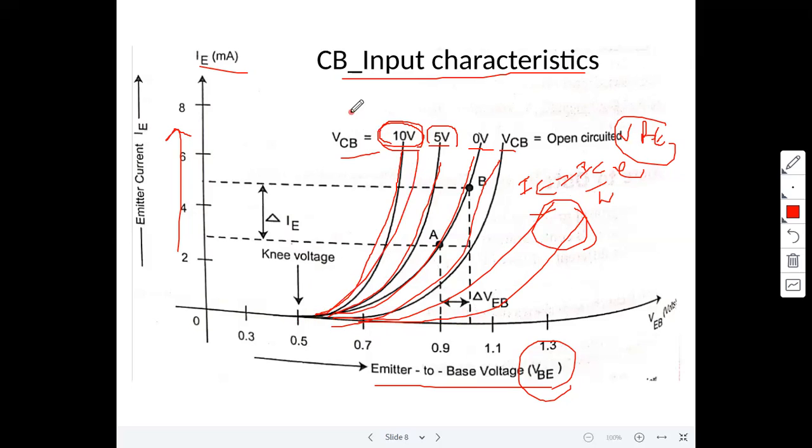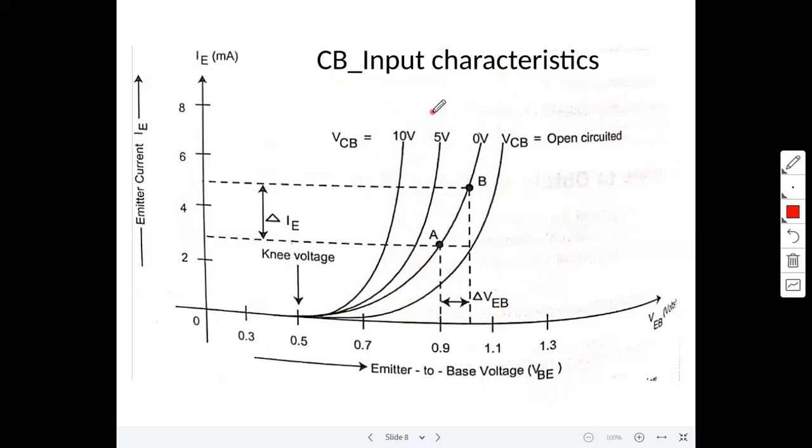If it is still, suppose here it is 15 volts, maybe it will look like this. So that is the difference between CB and CE input characteristics, right? Here in CB, as output voltage increases, the graph moves like this. In CE, as output voltage increases, the graph moves like this. So that is the difference.